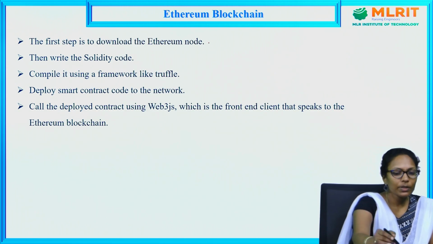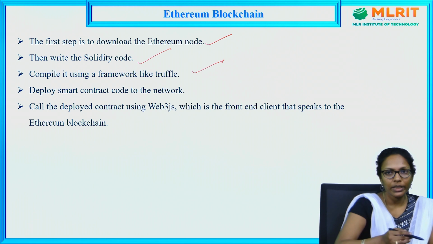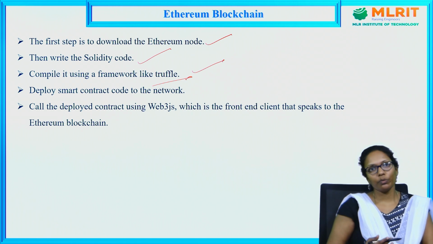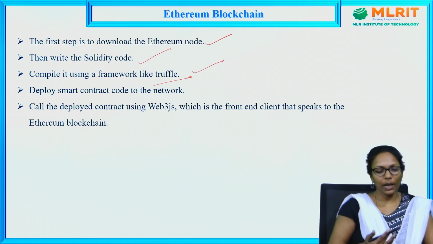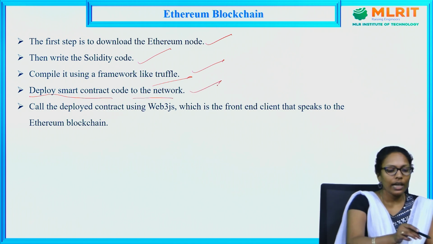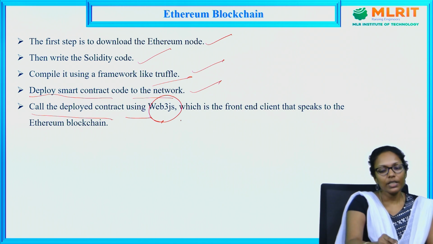The first step is to download the Ethereum node, then write the Solidity code, and compile the Solidity code in applications. We have some applications like Truffle. Using this, we can compile the Solidity code. After compilation, deploy the smart contract onto the network, and call the deployed contract using Web3.js JavaScript code, which is the front-end client that speaks to the Ethereum blockchain.